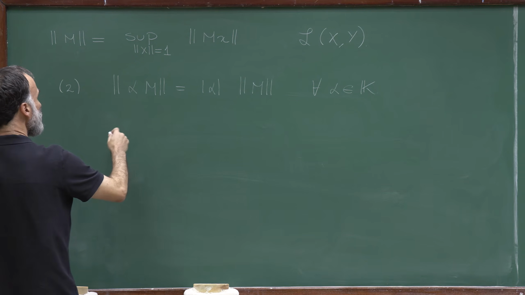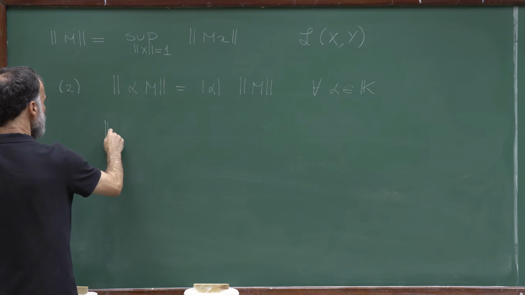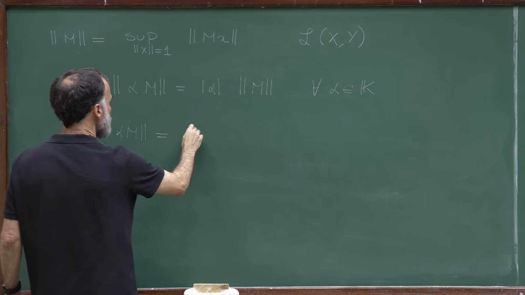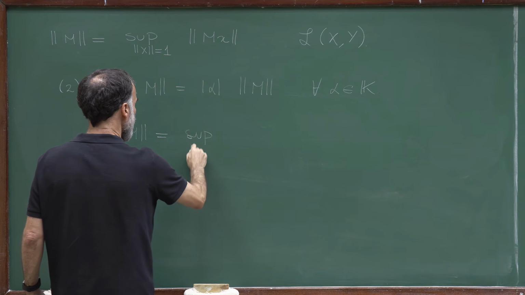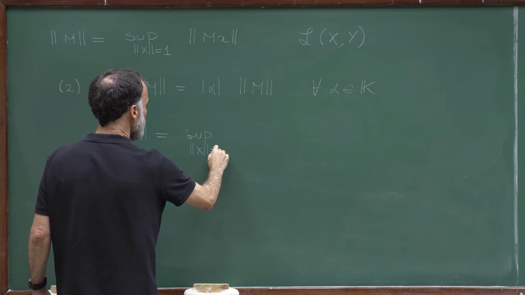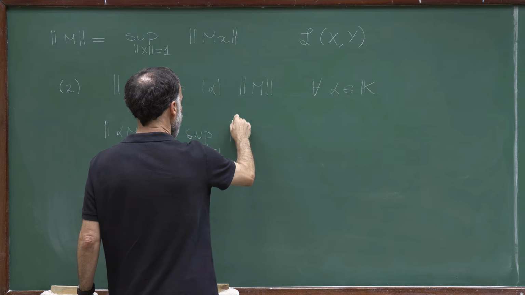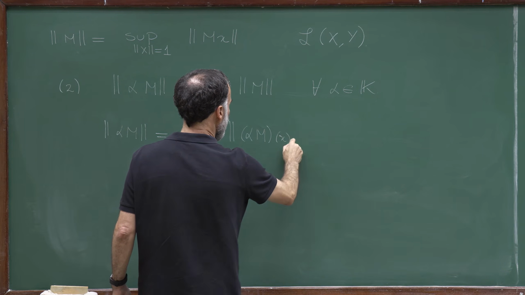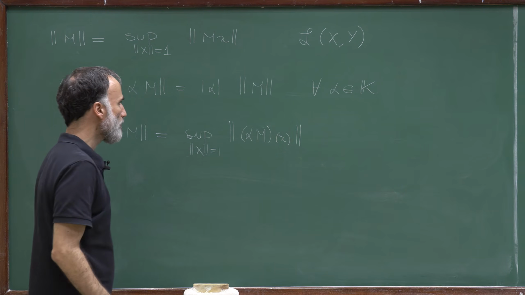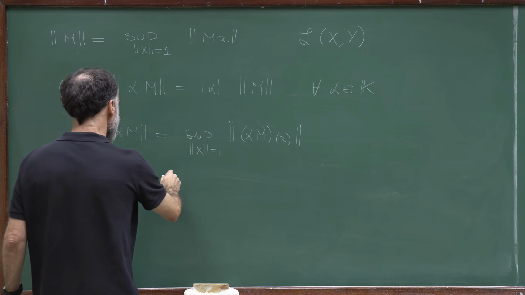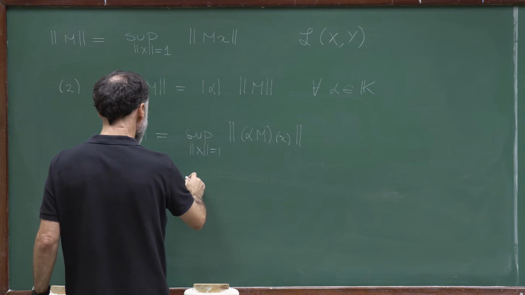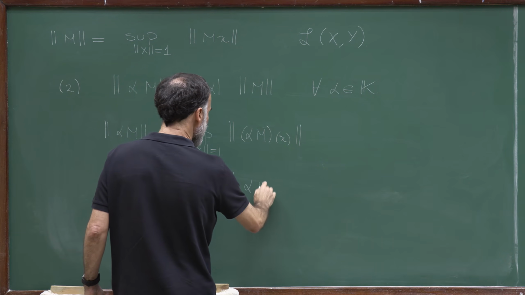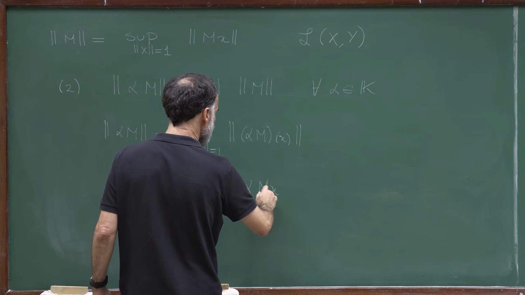By definition, the norm of alpha m is equal to the supremum over all x with norm equal to 1 of alpha m applied to x. But by definition of this operator alpha m, this is the supremum of alpha times mx.